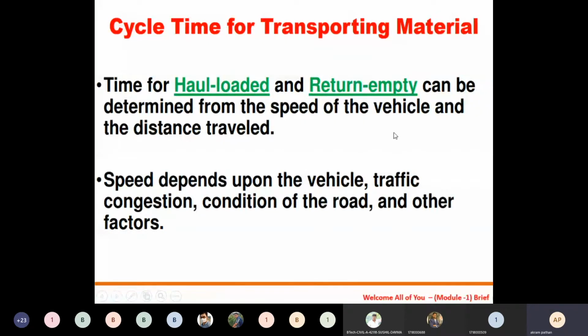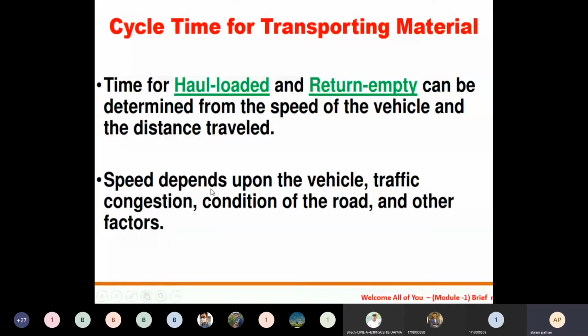That time depends upon the speed of the vehicle and the distance traveled. For example, if the speed of the vehicle is 30 km per hour or 40 km per hour, then ultimately the cycle time will reduce. And the distance traveled, for example 30 km between the loading point and your construction site, is again an important factor for the cycle time.